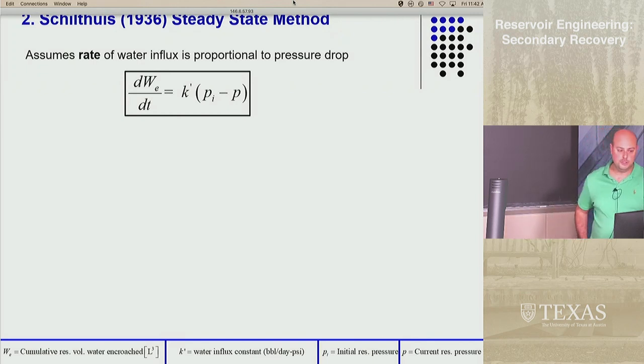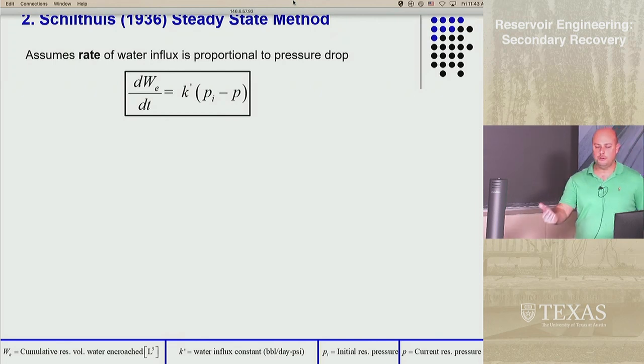And this is a rate of water influx with respect to time, equal to some proportionality constant, K prime, which we don't know. I put the prime in there because I don't want you to think it's permeability, right? We often use K for permeability, and it's not. We use so many variables in engineering, we run out of variables, so we have to start adding superscripts and subscripts. But K prime is just some constant which we don't know.